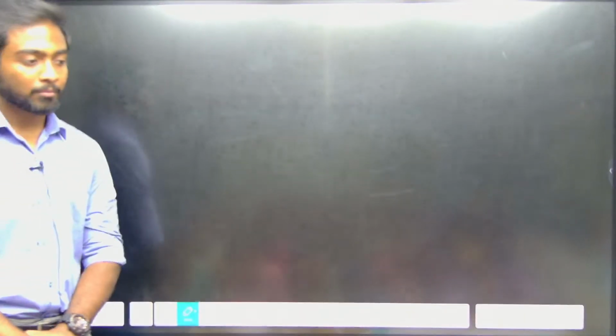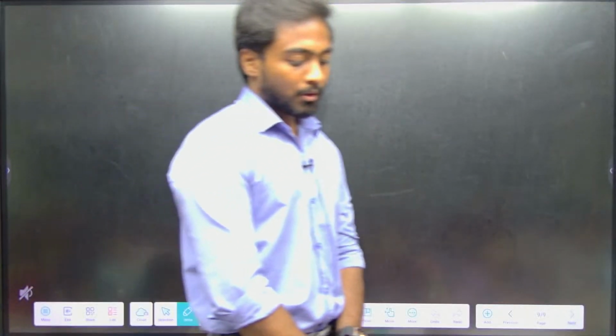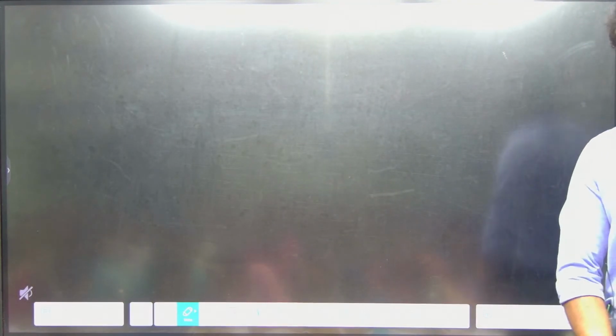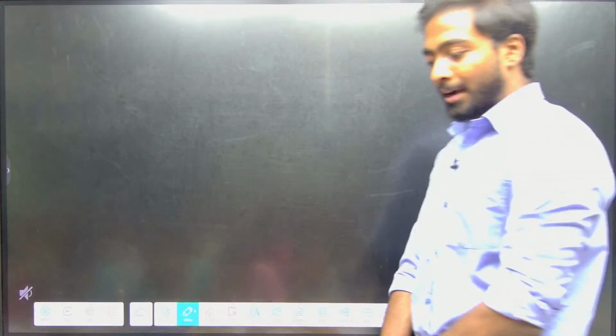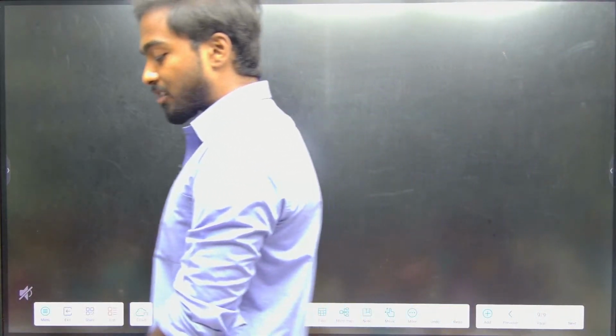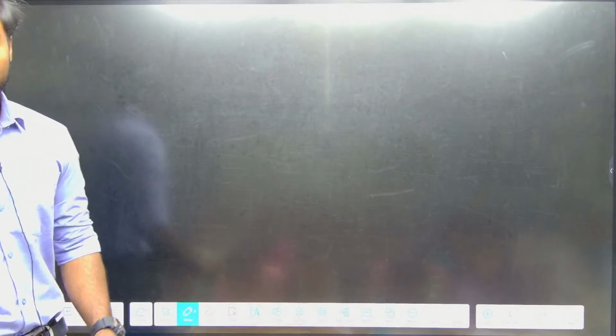Open loop. First point is no battery or no cell has been connected, including galvanometer. No battery, no cell has been connected, including galvanometer.